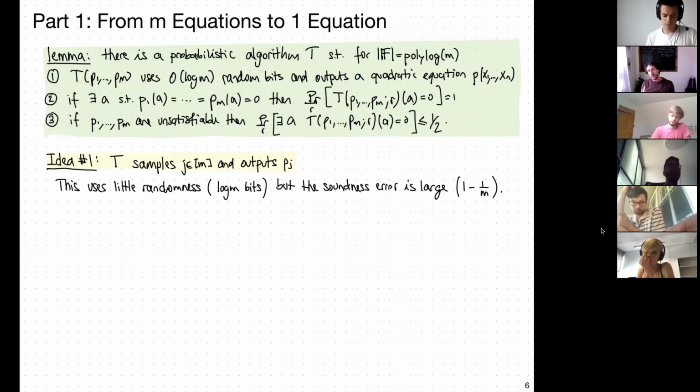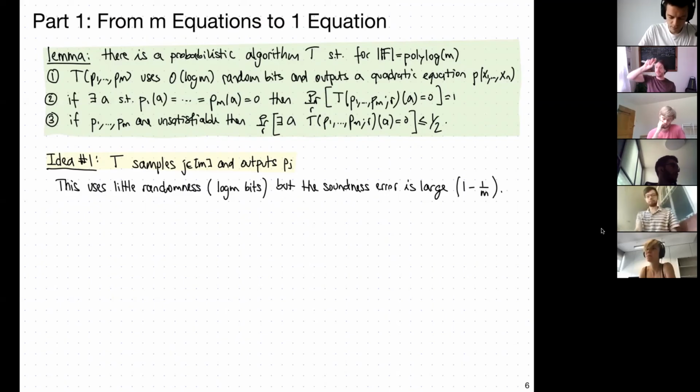Now you might ask, why do I suddenly care so much about randomness? The reason is that the randomness complexity will later translate into the size of the proof, right? Because if we use a limited amount of randomness, then we don't need to write long proofs, because these proofs will not be accessed.